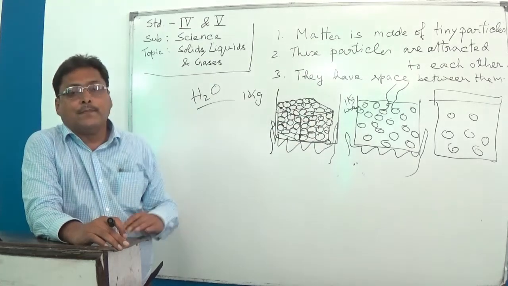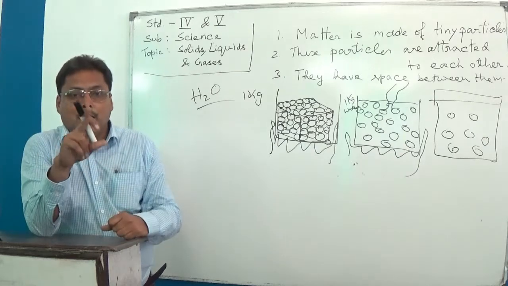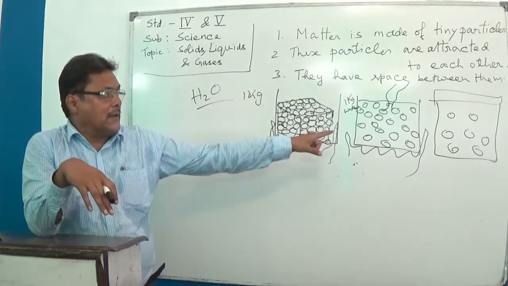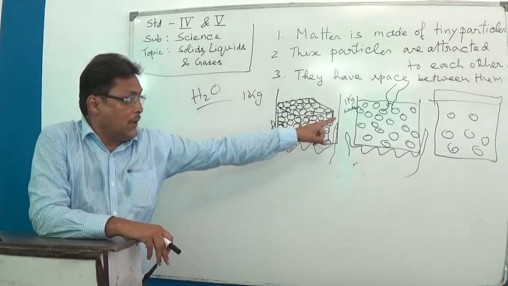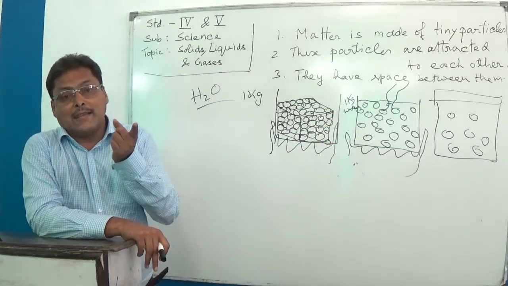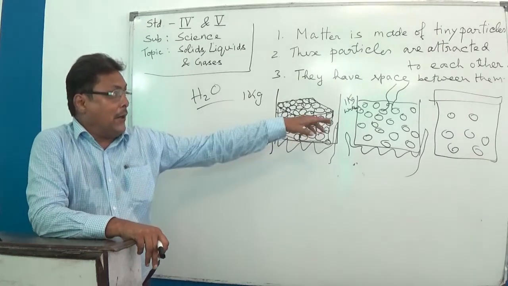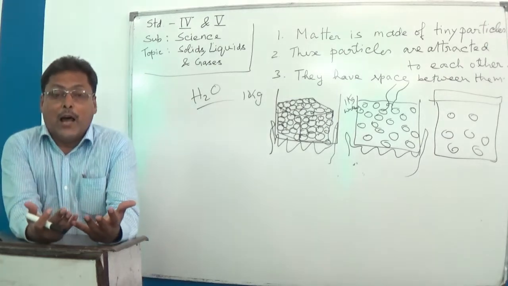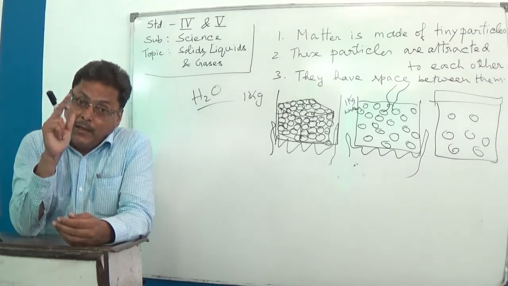In liquid, the force of attraction became less. So the gap, the space between the particles, has increased. And that's why the liquid, although it has the same volume, now has no shape. You need a container to keep the liquid inside it, and it will take the shape of that container.